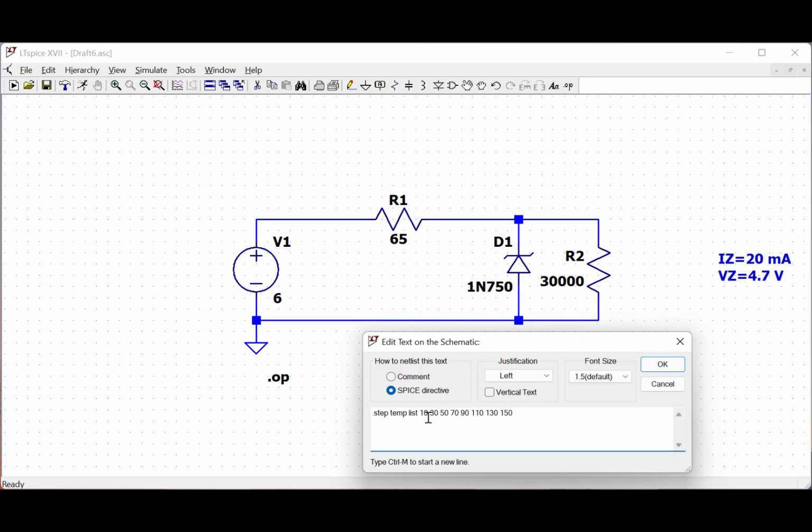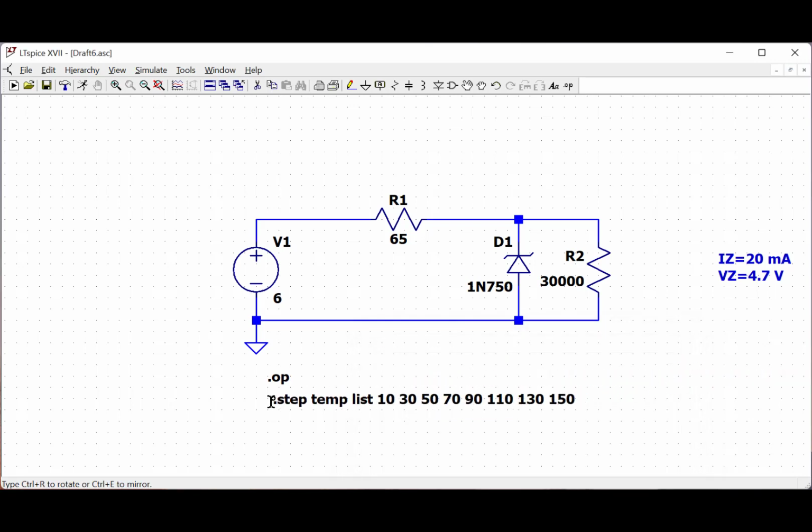In this way, I am telling the simulator to repeat the simulation on this list of temperatures between 10 and 150 degrees centigrade. I can then attach my directive to my schematic, so it's visible.